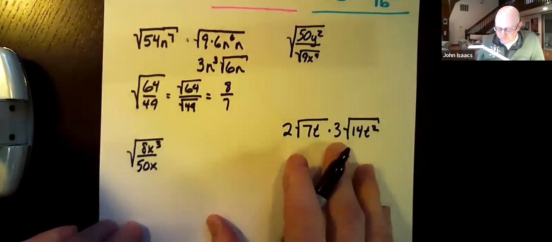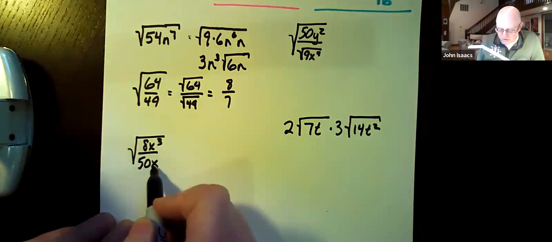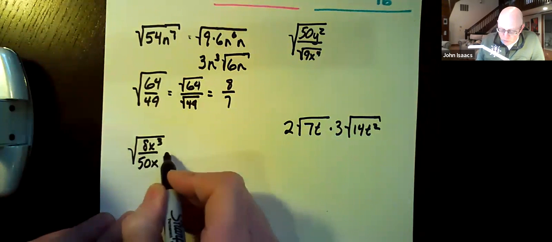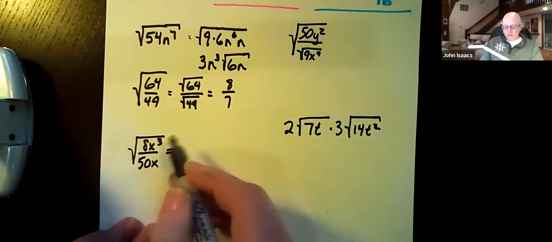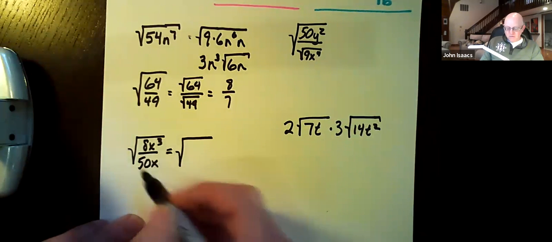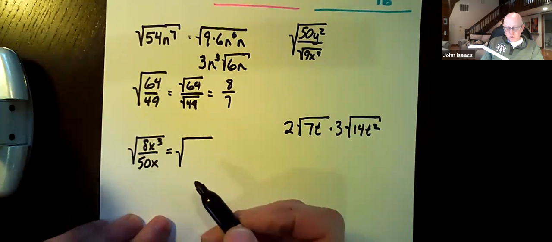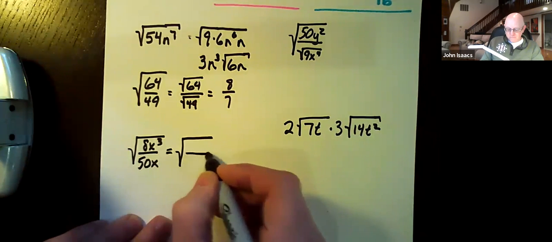The third one here, an 8 x to the 3rd over 50 x on the bottom. Now, we can start by simplifying this if we want to, inside the radical. So 8 and 50 both have a 2 in common in their numbers.